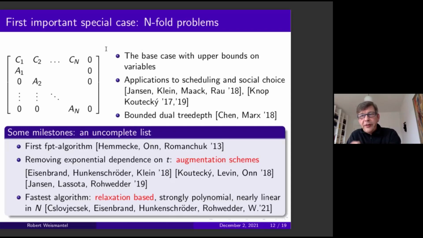But now imagine you also have an upper bound. Well, this you can really bring into the form of an n-fold problem, because you just say xi plus the complement of xi is equal to ui. And so these are single block constraints of very special type. Is that clear?